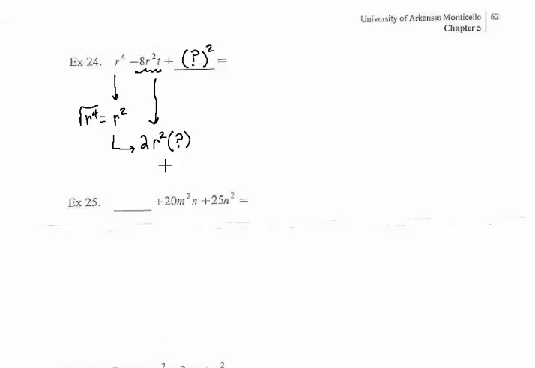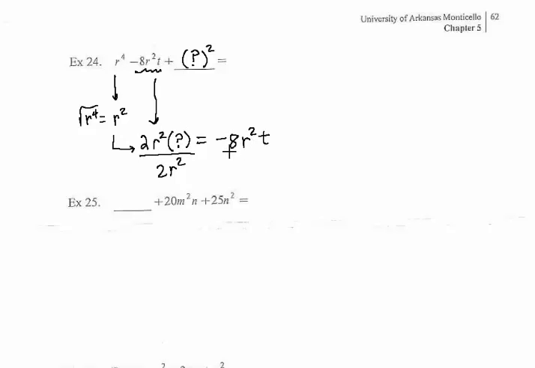Okay, now we need a 2 and an r squared in this middle term, so what is this mystery variable or number here on the end? Well, in order for this to be a perfect square trinomial, this has to equal a minus 8r squared t. So what I'm going to do is solve for this question mark.